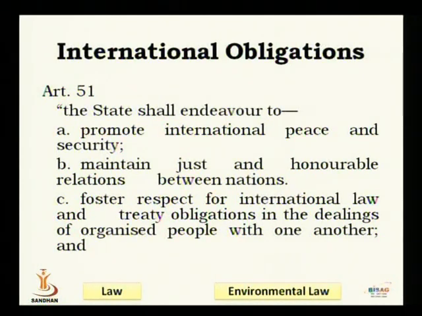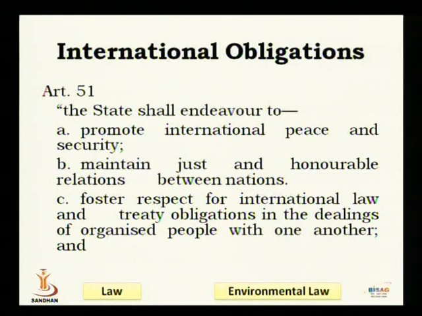If a state wants to test its defense weapon, it should test that weapon in an area within the state and in such a manner that no adverse effect is caused to the neighbor state. It is called the principle of neighborliness. It is prescribed straightaway in Article 51 Clause B.